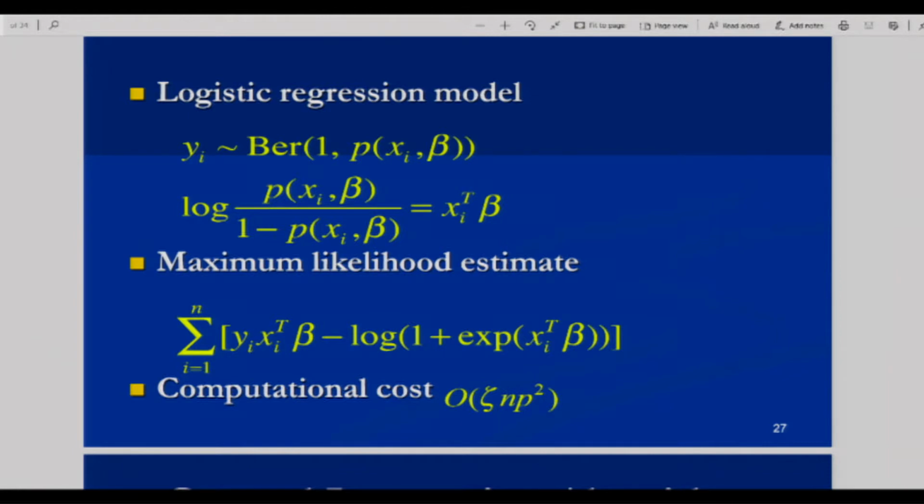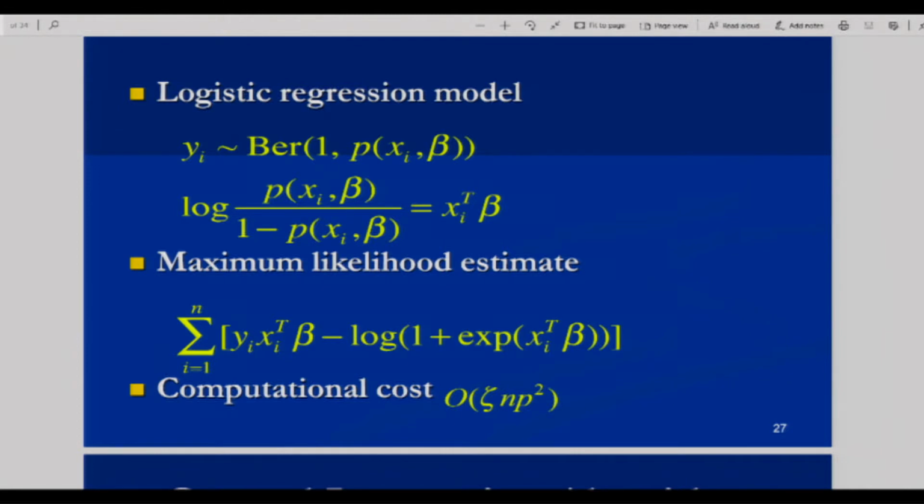To fit this model to the data, typically we use the maximum likelihood estimate, which has a certain format. Once again, because this is a nonlinear function with respect to the beta coefficient, the computational cost is N P squared times the number of iterations.